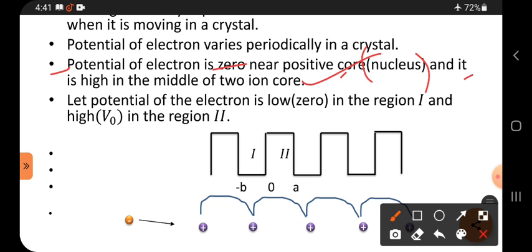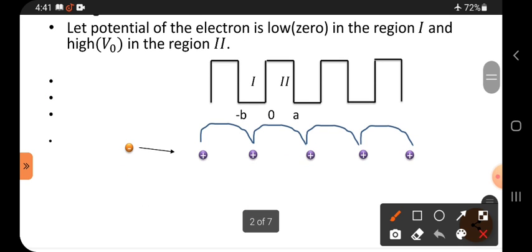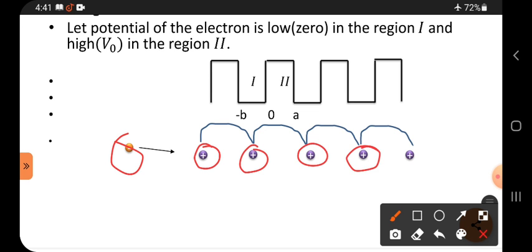Let's see here. Let this be a crystal. In crystals, atoms are arranged in this manner, positive cores or lattice points arranged like this. Suppose one electron is coming from one side, it starts attracting to this nucleus or positive core.